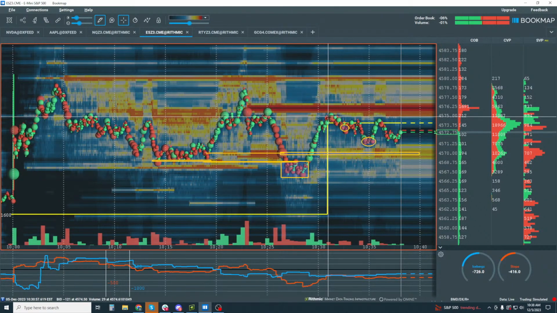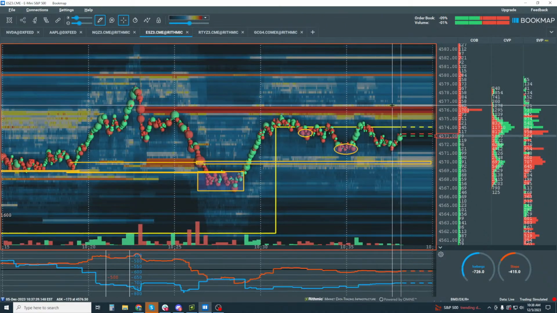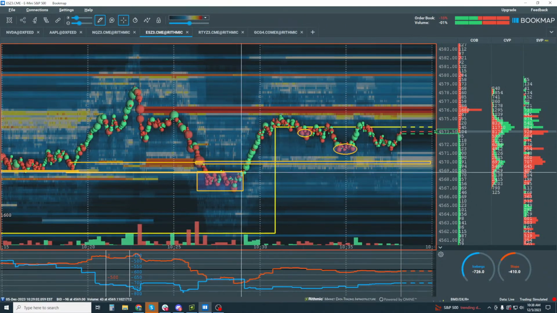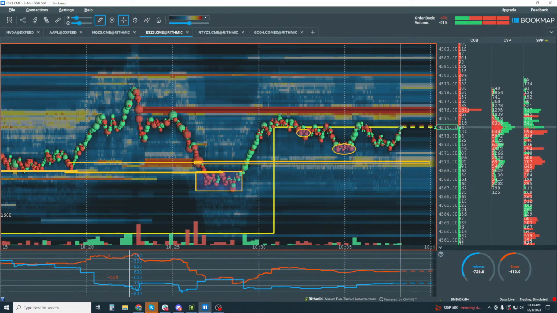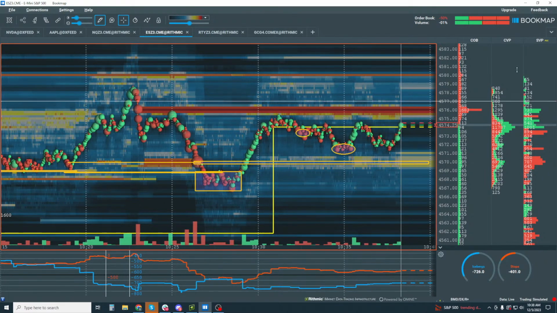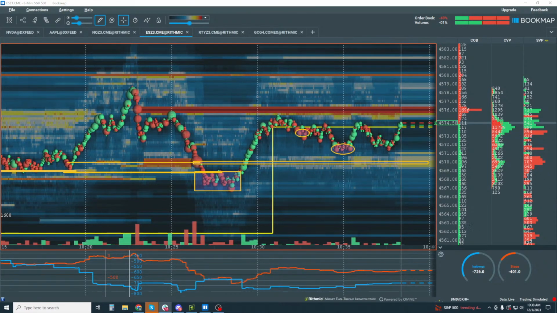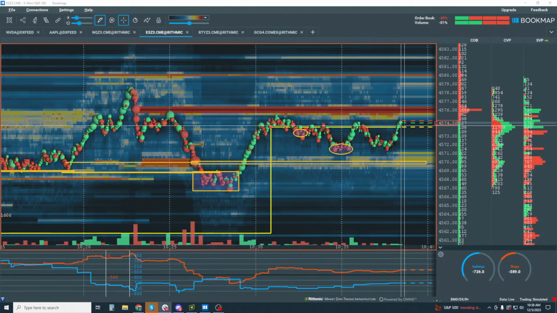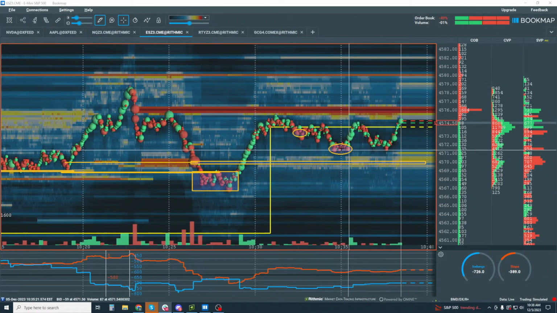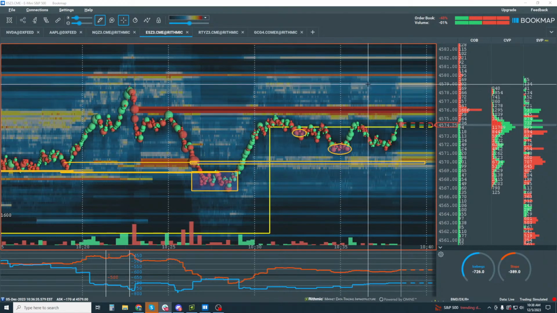So now we're looking for another one of those, where we can identify the sellers and where buyers might gain some fuel to move higher. And I'm not seeing it. We identified a couple little areas in here.